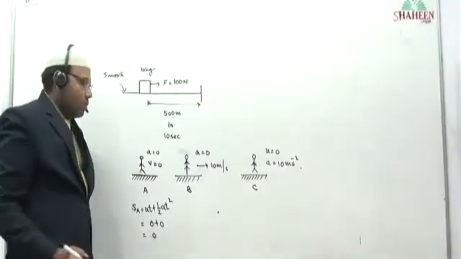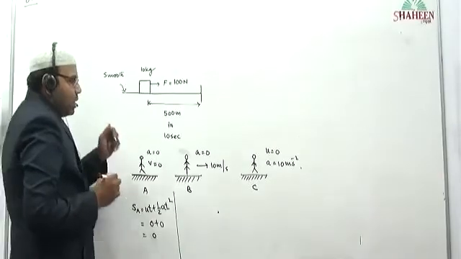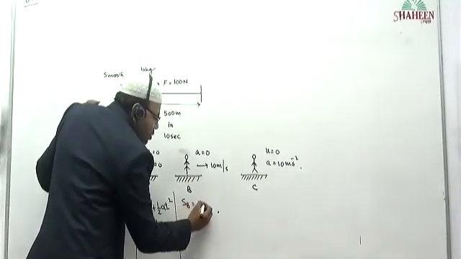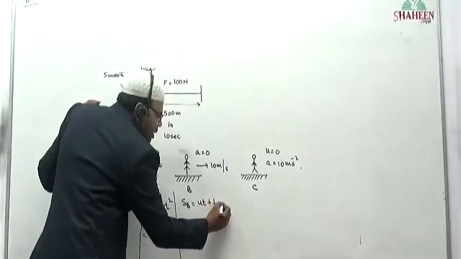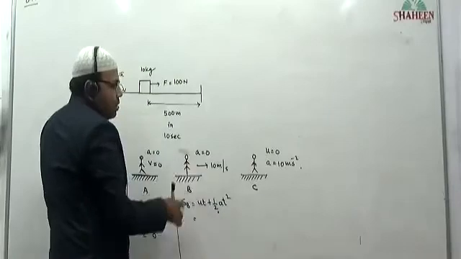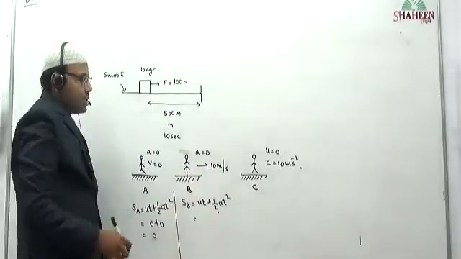Observer A is 0. Next, let us calculate what is the displacement for B. Displacement for B, again we use the formula ut plus 1 by 2 at square. What is u? अच्छे से देखिए, u is how much बेटा? यहाँ पे देखिए, how much is u? So that is 10.